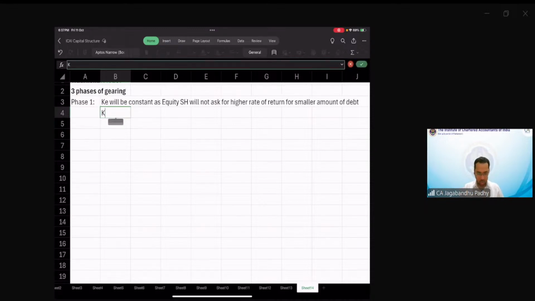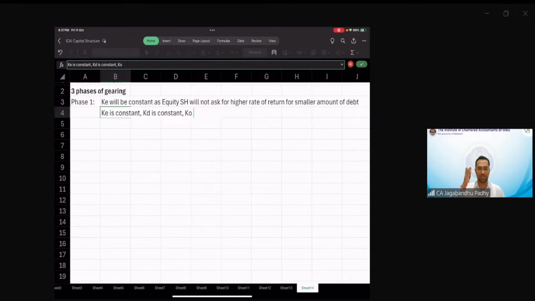So cost of equity will be constant as the equity shareholders will not ask for a higher rate of return for a smaller amount of debt. So here your KE is constant, your KD is constant. And obviously, what will be the impact on KO?